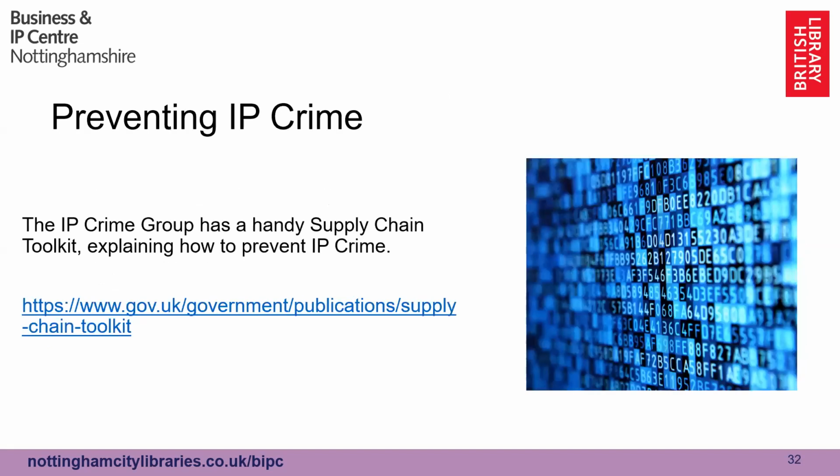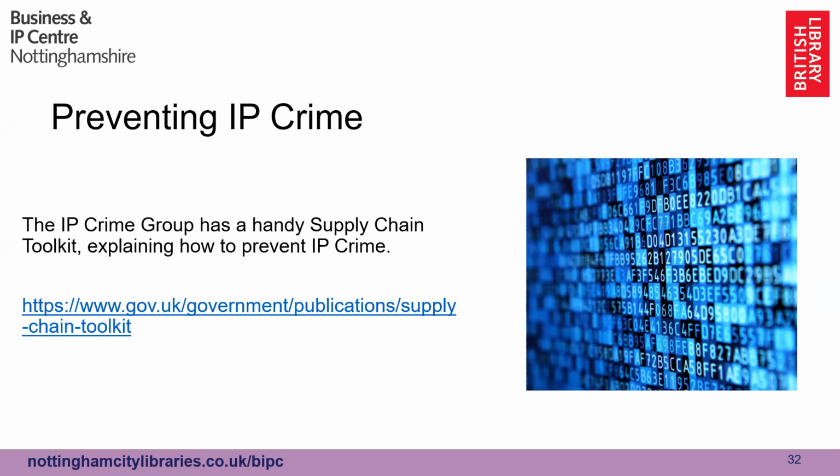So how to prevent IP crime? If you do have IP rights, like Leon said before, it's essential that you are factoring in your IP assets at the beginning of starting your business and putting your business plan together. But along with your IP assets, it's also important that you have a plan of how you're going to protect those IP assets and how you're going to build in early warning signs for people using them.